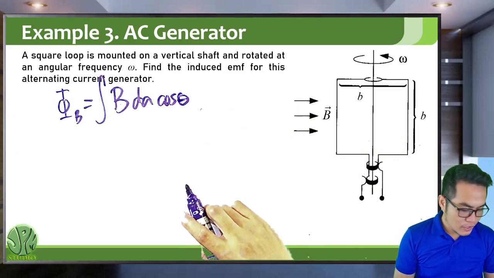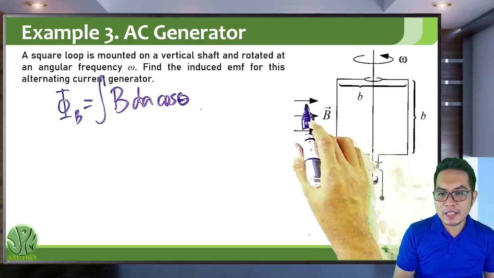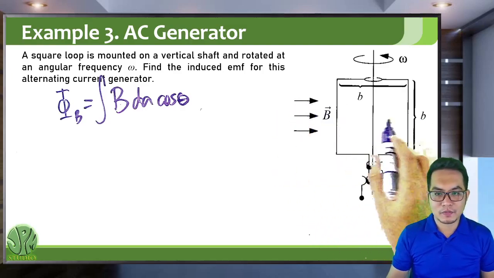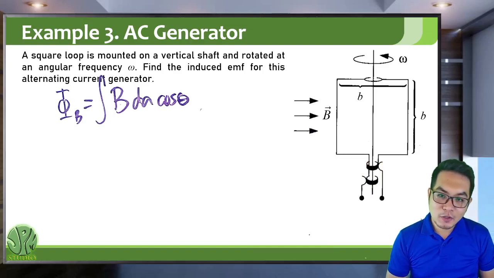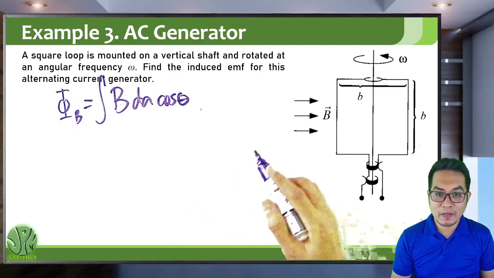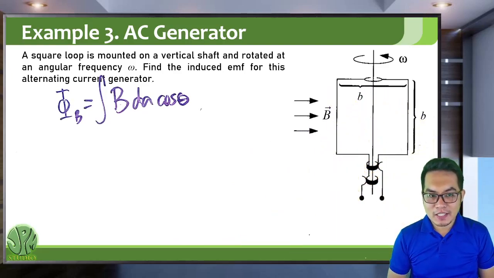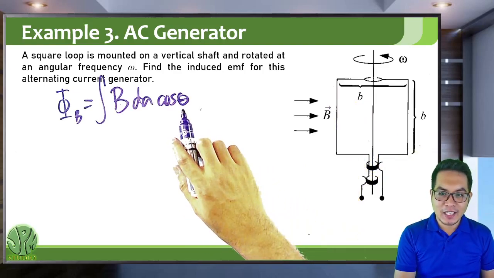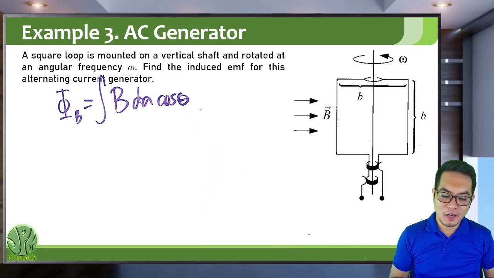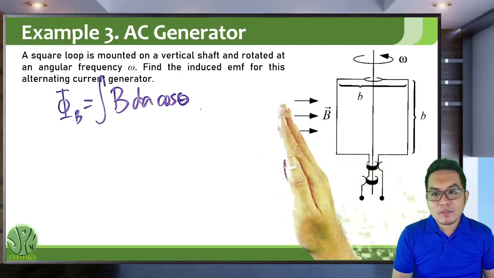Okay. So by the way, the magnetic field here is in this direction. The magnetic field is constant, the area of the loop is constant. The only thing that is changing here is theta, the angle between the magnetic field and the area vector of the loop, because the loop is rotating.